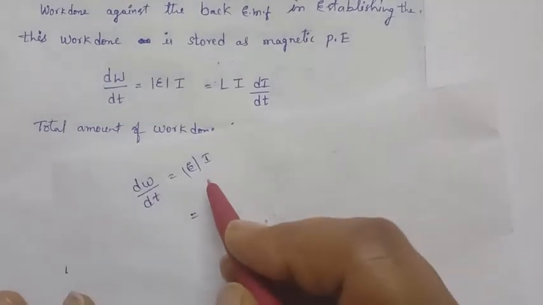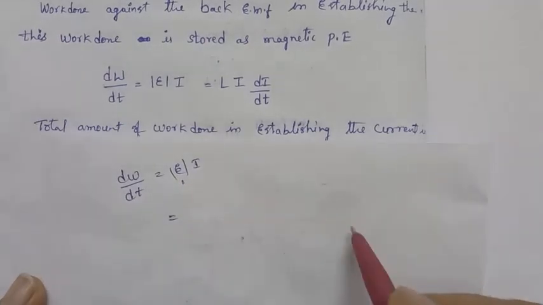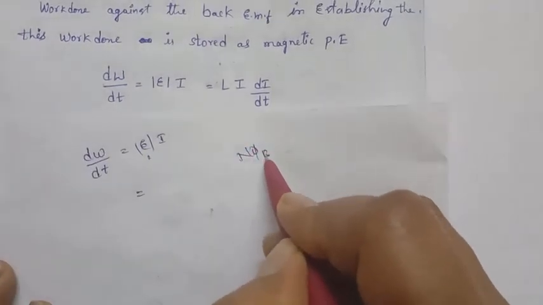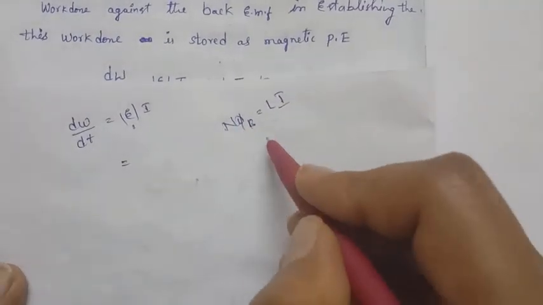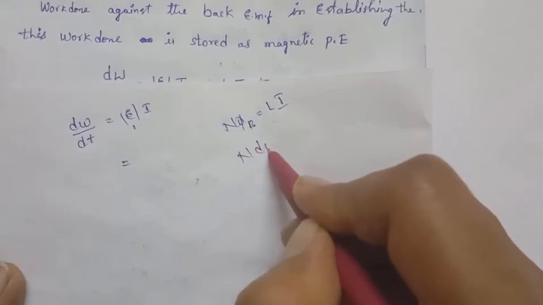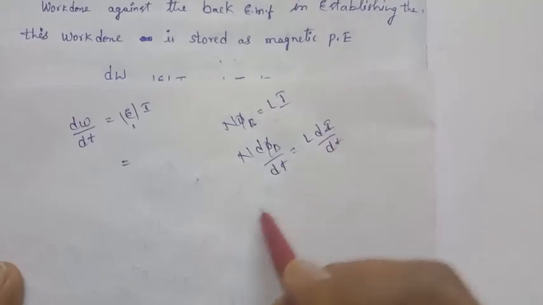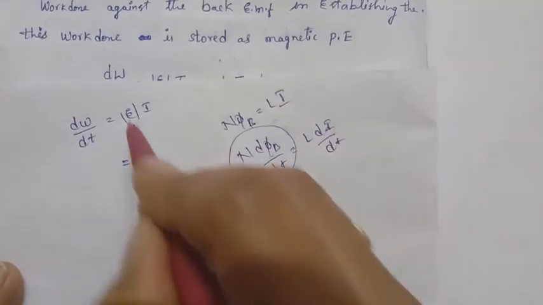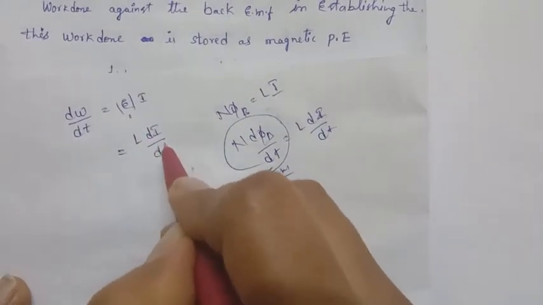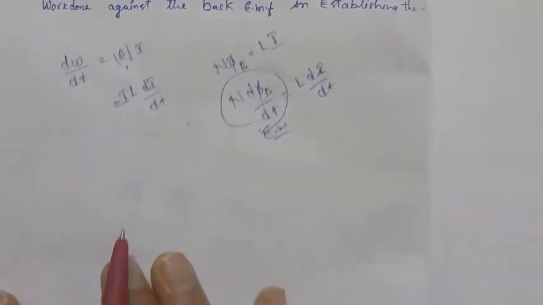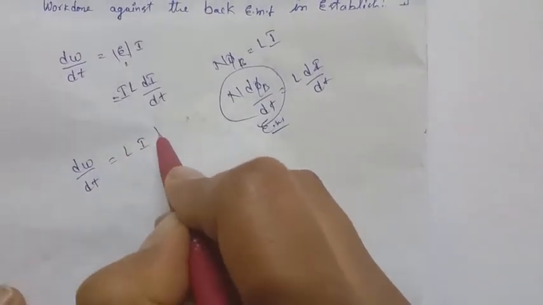So what is the induced EMF in self-inductance? Already you have the formula: N phi B is equal to L into I. So N into d phi B by dt is equal to L into dI by dt, and this is nothing but the EMF. So EMF can be written as L into dI by dt, multiplied by I. So dW by dt is equal to L I dI by dt.